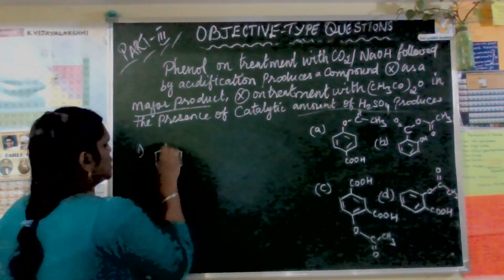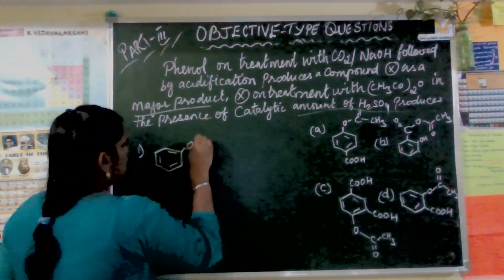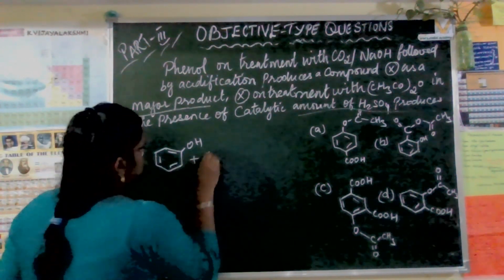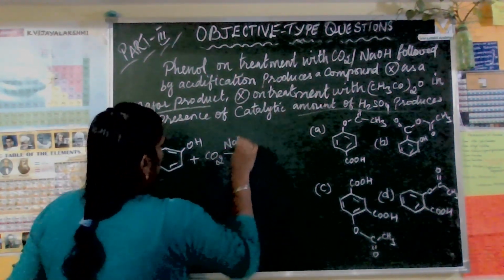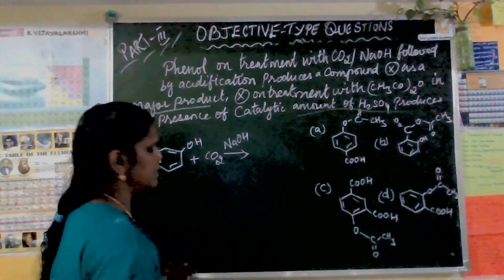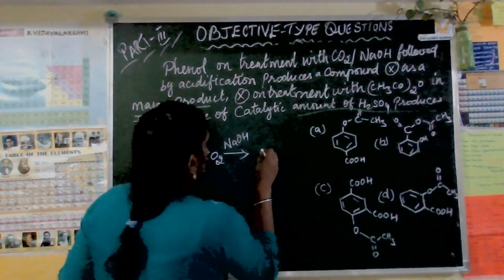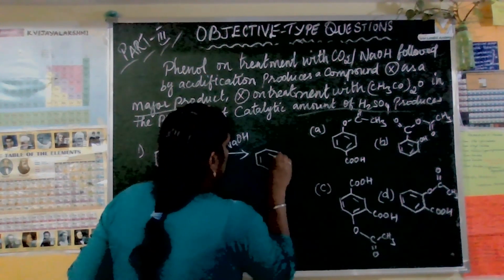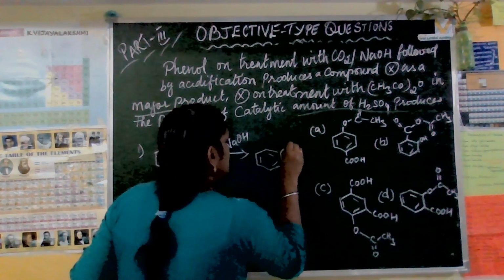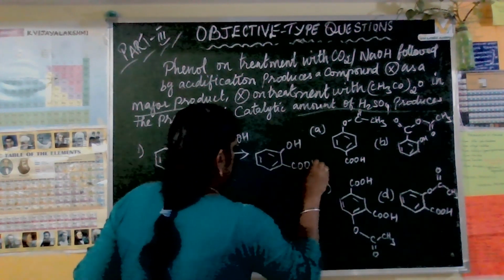This is OH, phenol reacts with carbon dioxide in the presence of NaOH, high temperature and pressure, and hydronium ion. Yes, acidification. You are getting salicylic acid. What acid are we getting? Salicylic acid. Here OH, here COOH.